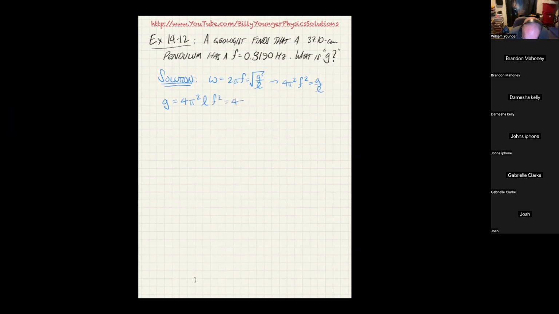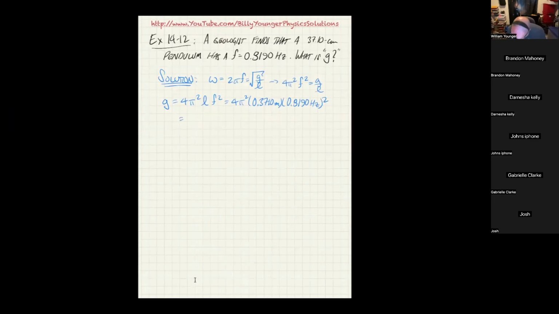So that's 4 times pi squared times 0.3710. Notice I did convert it to meters. Times 0.8190 hertz squared.